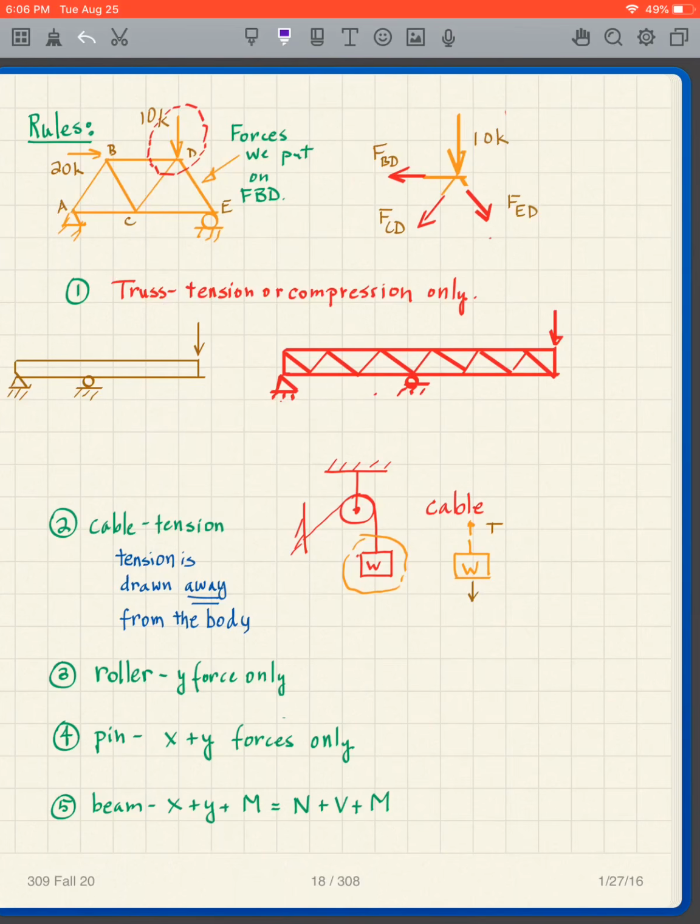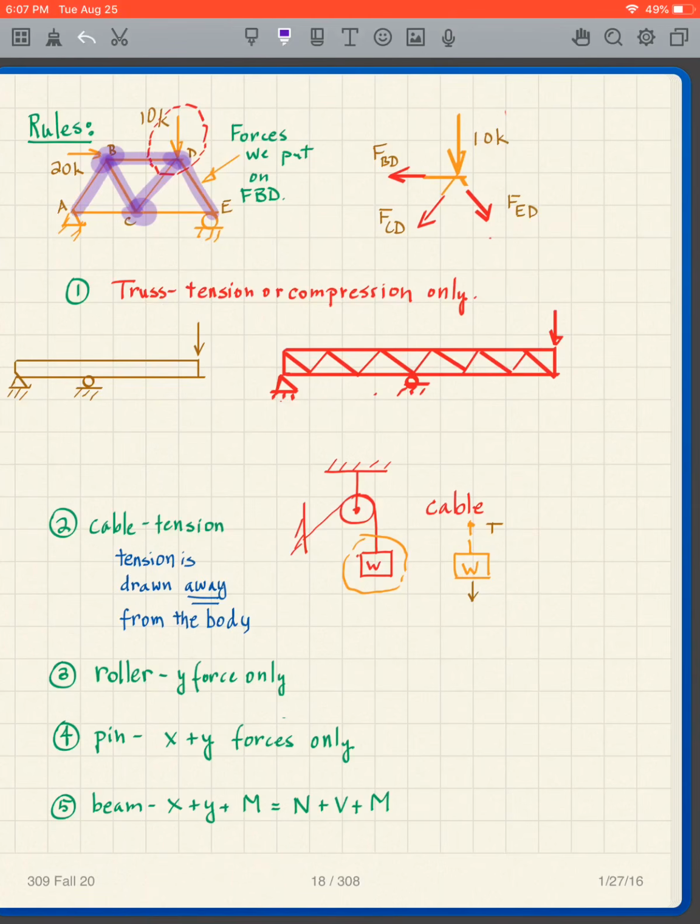We have to remember that a truss consists of long, skinny members that are connected with hinges. So, in other words, there's a hinge there, there's a hinge there, there's a hinge there, and these members are long and skinny.